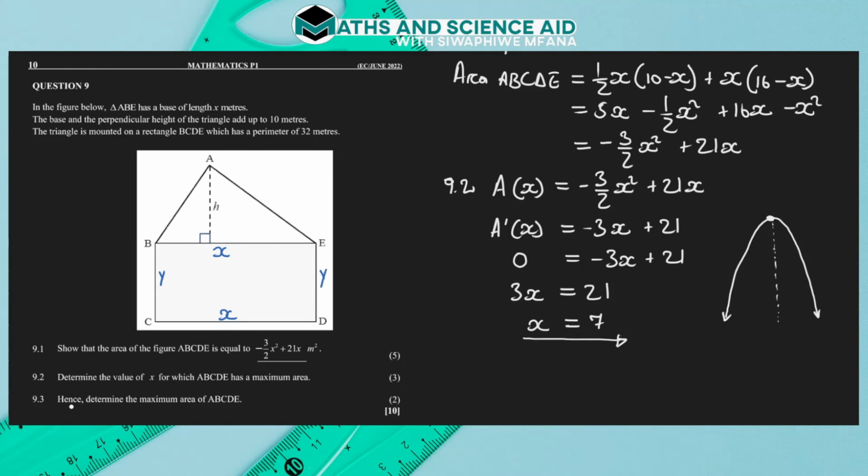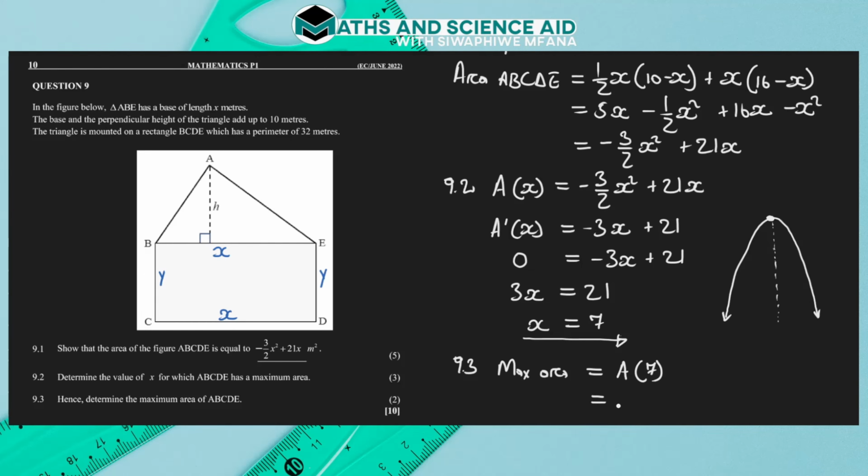Which then brings us to the last part of question 9, which is 9.3, which says, hence, determine the maximum area of ABCDE. And so very straightforward because we already know that the maximum area is at x equals 7, and therefore it means that the maximum area will be equal to this expression when x is equal to 7.